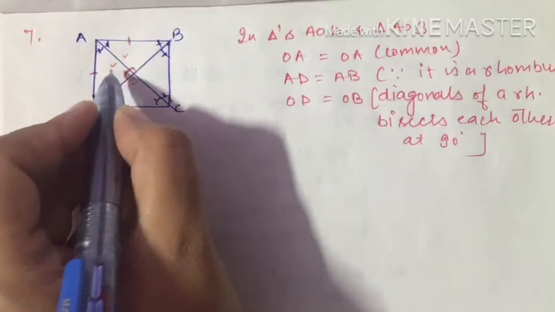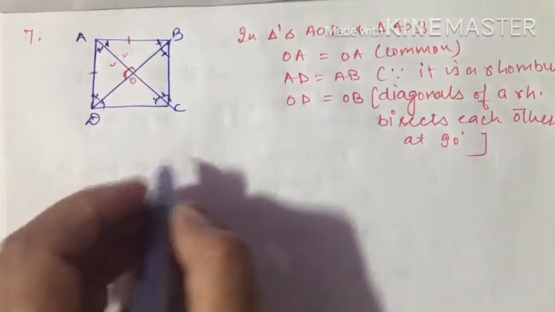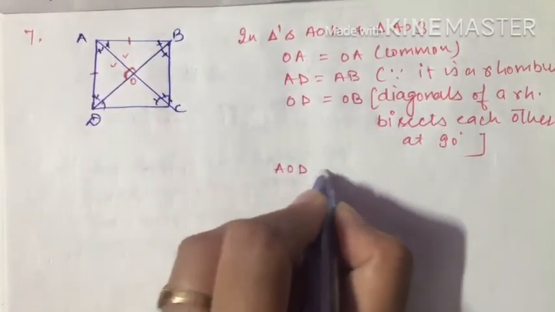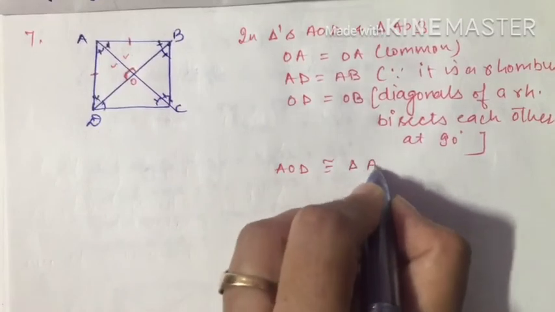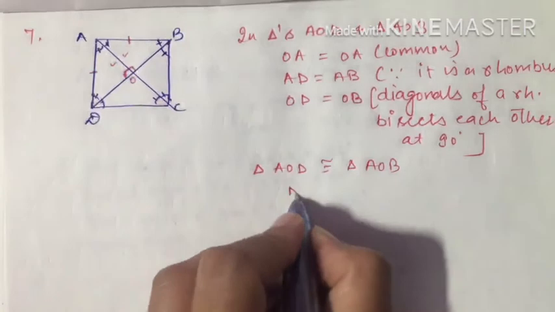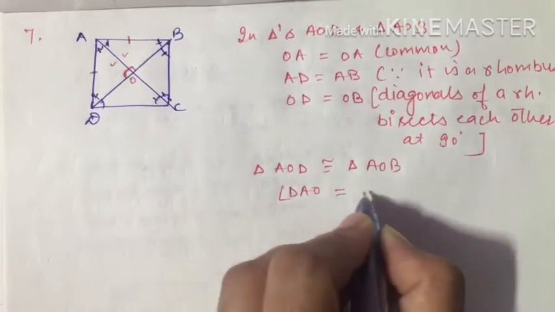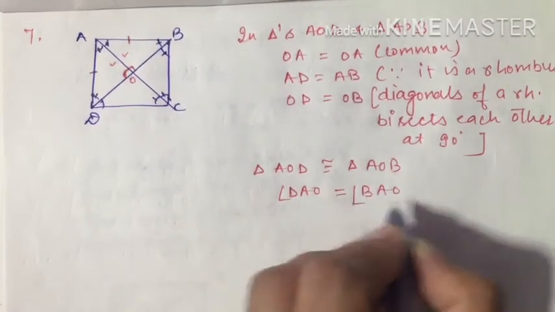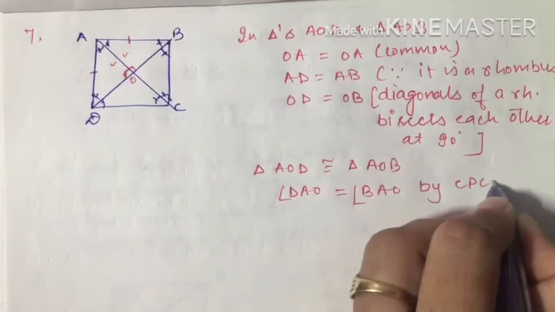Okay, so by these three conditions we can show that triangle AOD is congruent to triangle AOB. When two triangles are congruent, may I say that angle DAO is equal to angle BAO by CPCT.